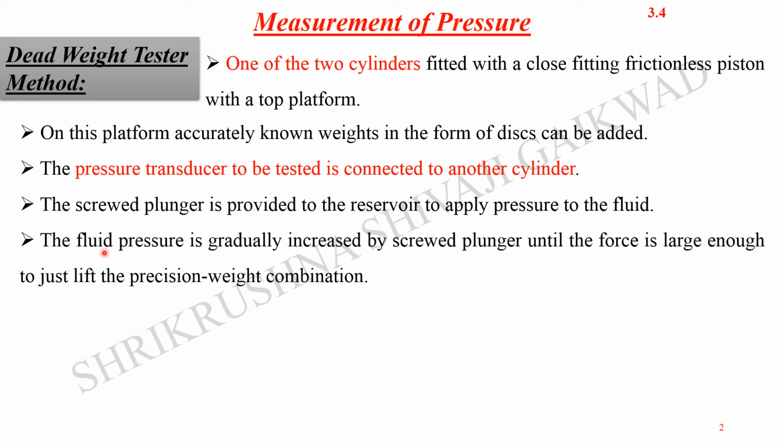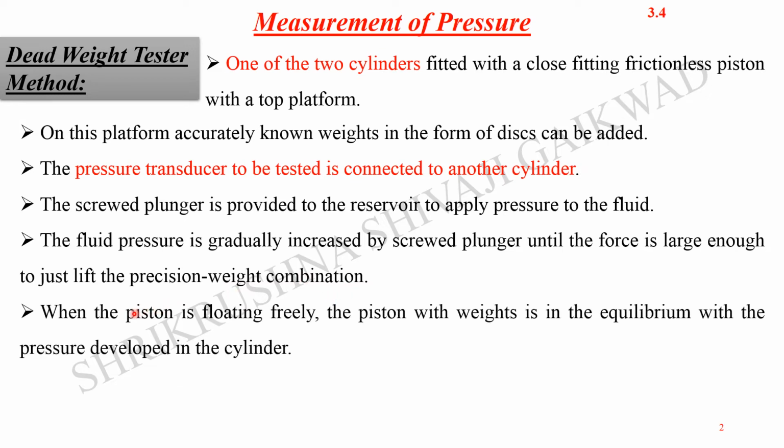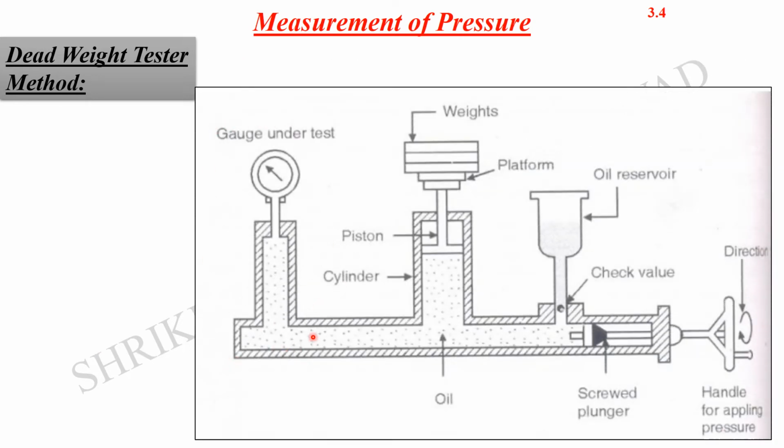A screw plunger is provided on the reservoir to apply the pressure to the fluid. The fluid pressure is gradually increased by the screw plunger until the force is large enough to lift the precision weight combination. When the piston is floating freely, the piston with the weights is in equilibrium with the pressure developed in the cylinders. When we apply pressure, this piston will try to float up.